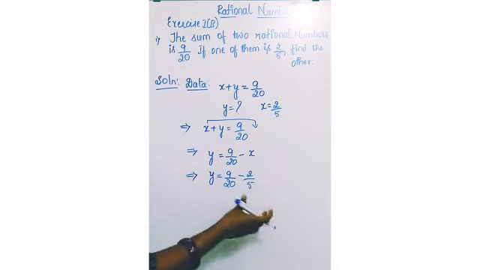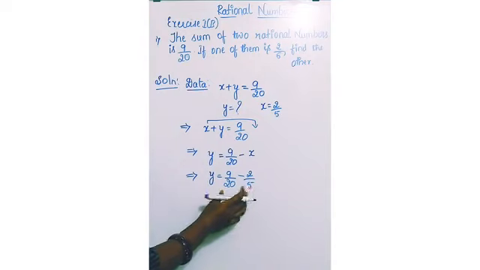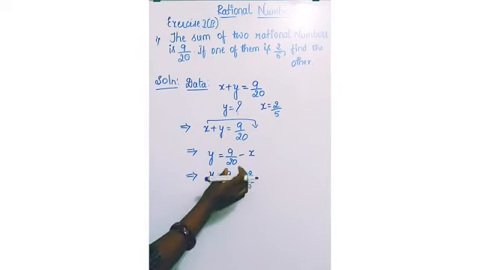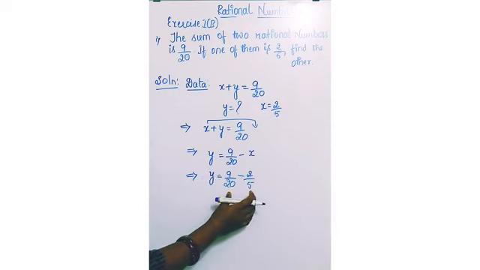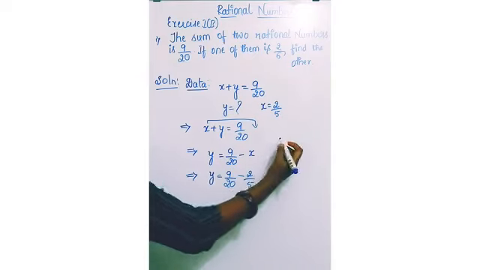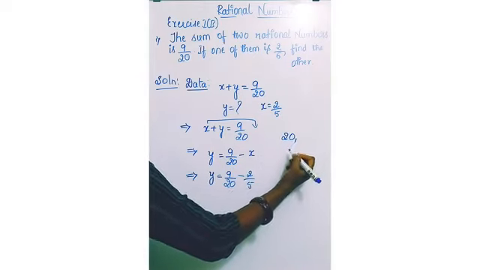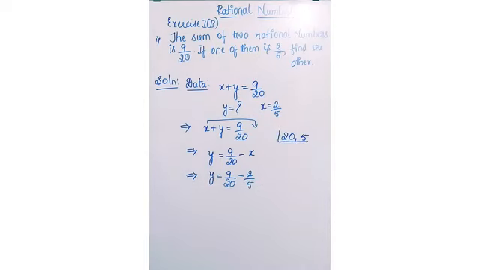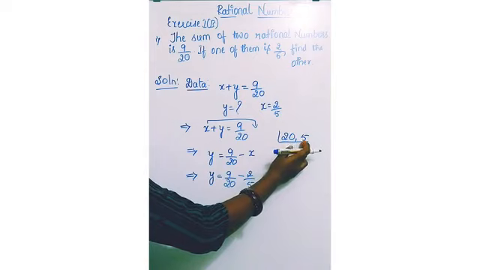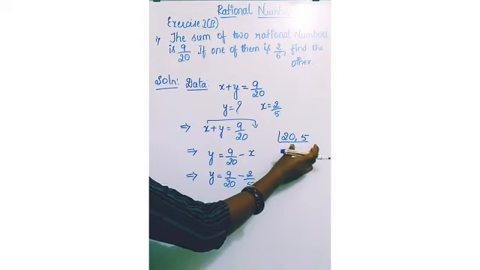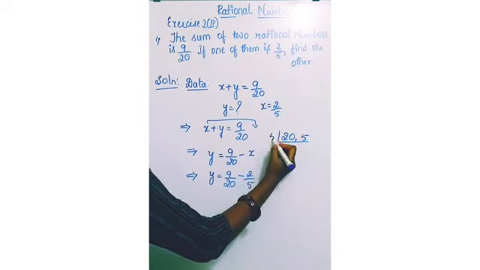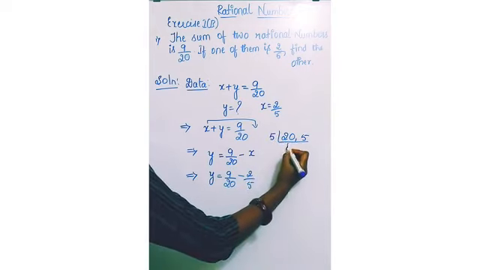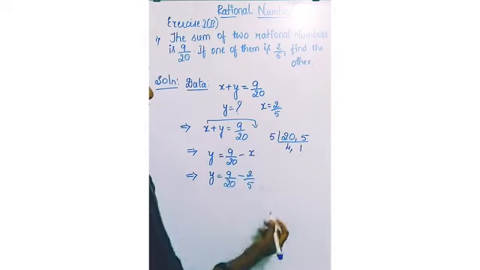Here we take the LCM of both denominators. Why do we need the LCM? Because the denominators of the two rational numbers are different. I am taking the denominators 20 and 5 and finding their LCM. Both numbers are divisible by 5, so I take 5. 5 fours are 20 and 5 ones are 5.